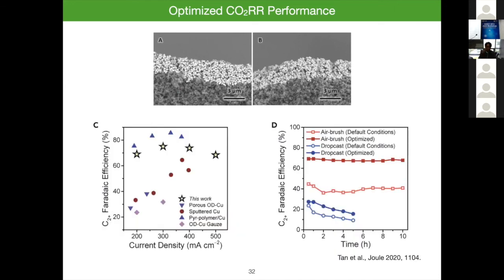And this shows that our data is one of the best performances reported in 2020. Last year, right now, somebody beat this performance metric, but we show that still our data is one of the best, and it's also stable over 10 hours.